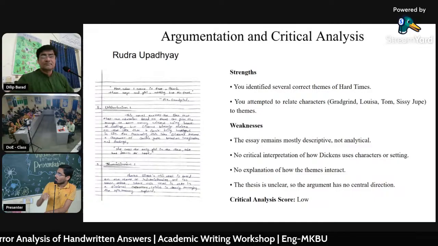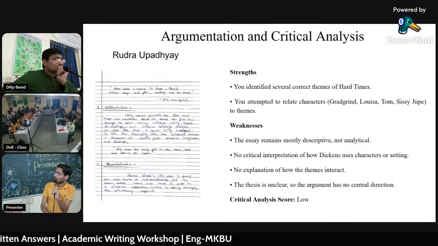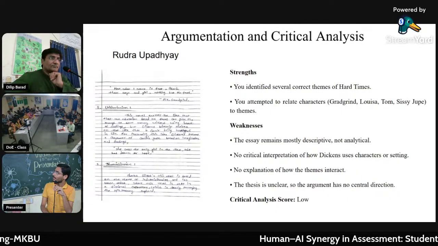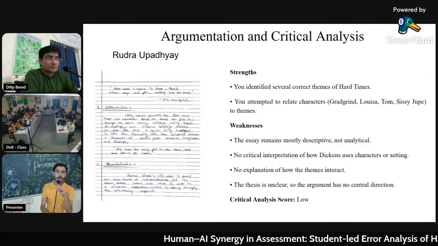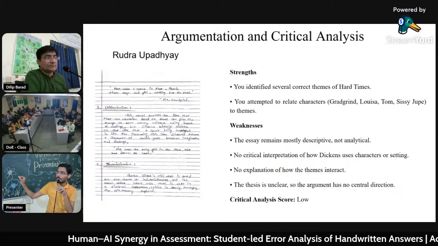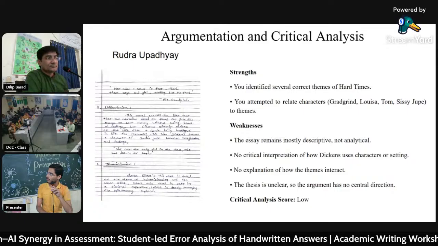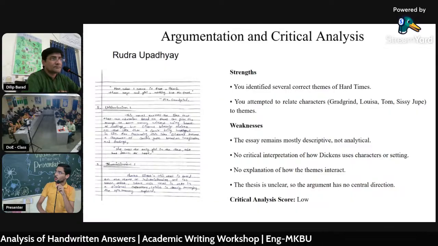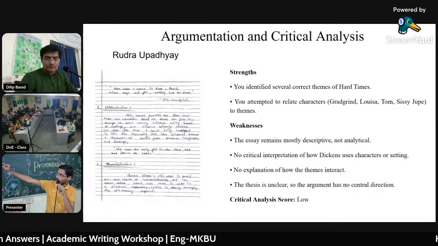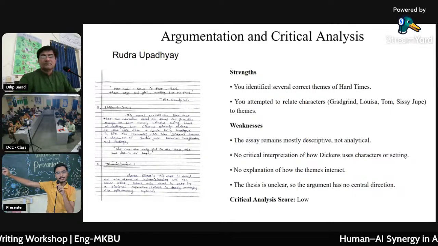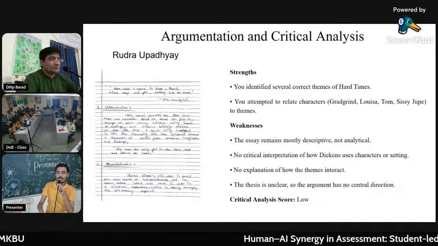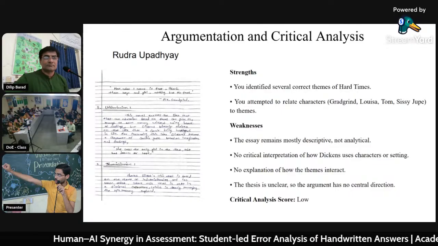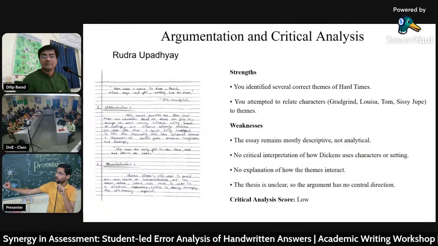The AI analyzed that I have defined several themes correctly, and the characters are also related with the themes. But it highlights my main weakness: the essay remains mostly descriptive, not analytical. You can see in the photo that I have written the points with description, but it is just a descriptive answer, not an analytical answer based on the character or Dickens' view related to the particular situation or points of the answer.